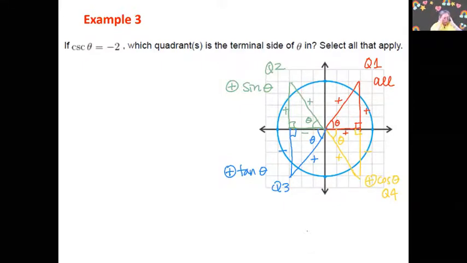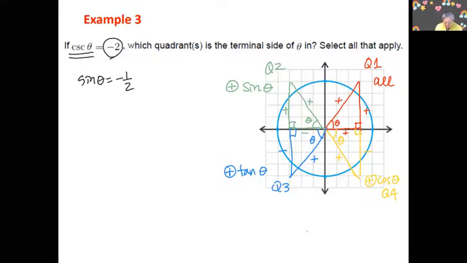Now it comes really easy to answer this. They ask, cosecant is -2. That means sine of that angle is -1/2. Then sine and cosecant are negative. In quadrant 1, nothing is negative. In quadrant 2, the sine and cosecant will be positive.